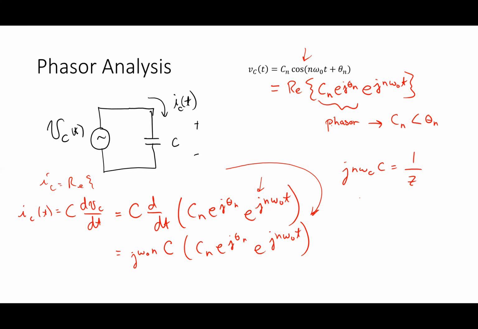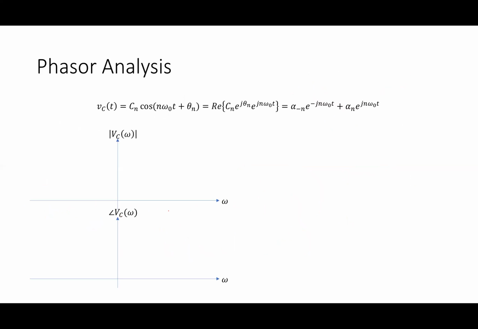And what we end up saying is that the phasor for the current is 1 over the impedance times the phasor for the voltage, V sub c. And that phasor for the voltage is given by that guy. Now you've been doing that all along, and it basically comes out from this analysis. And the impedance got sort of derived by taking that derivative.